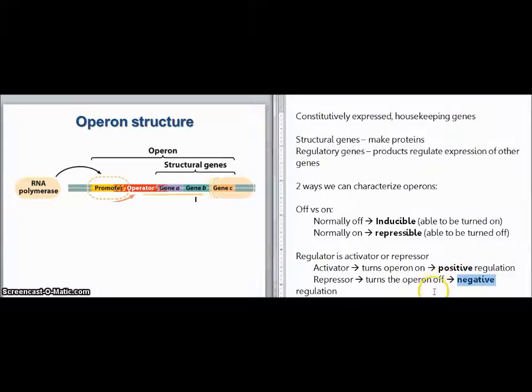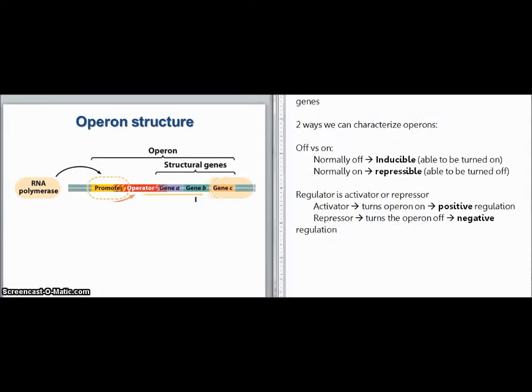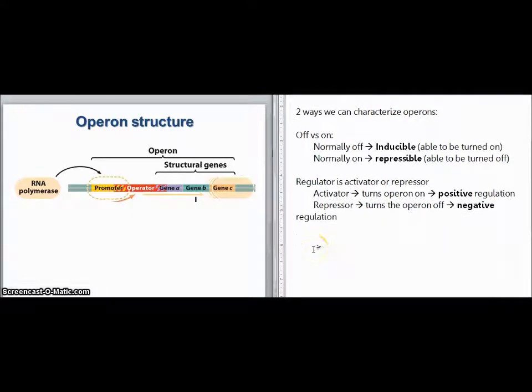So we have 4 possible ways of characterizing operons. Let me move this up a little bit. So 4 possible types of operons. We can basically have positive inducible.